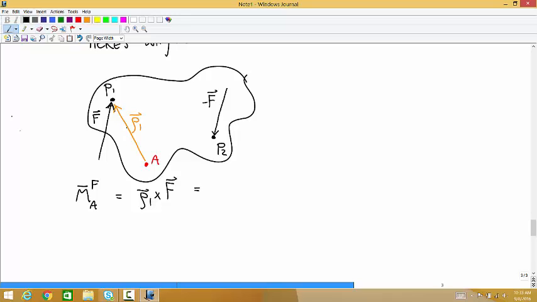And to calculate row 1, that would be the quantity P1 minus A crossed with F. And you can distribute that through, and that's equal to P1 cross F minus A cross F.